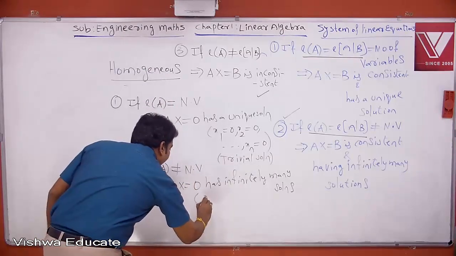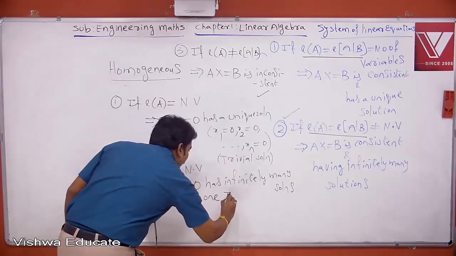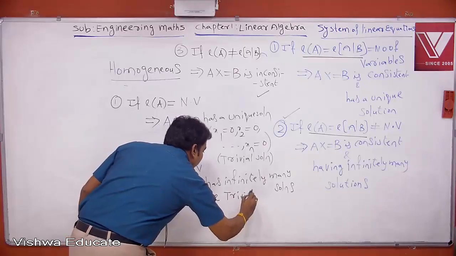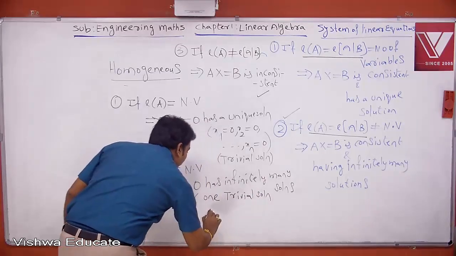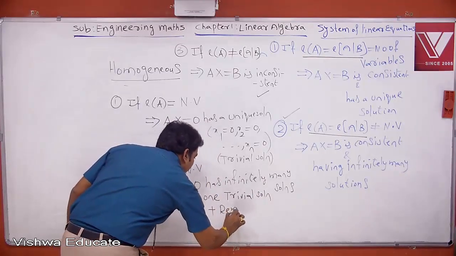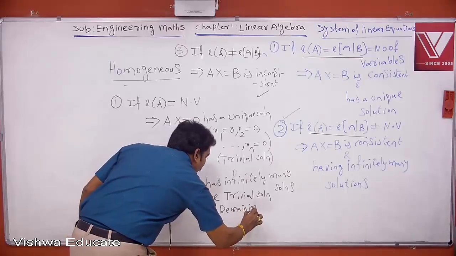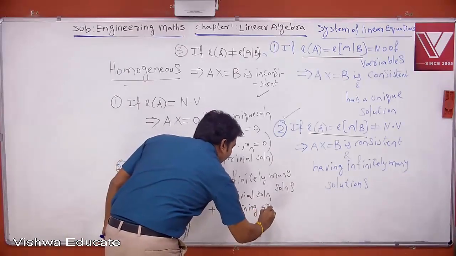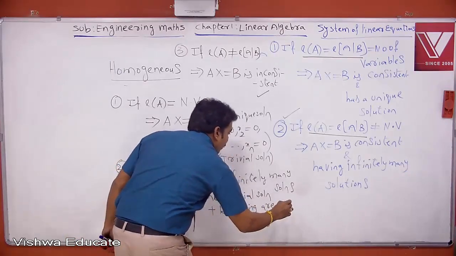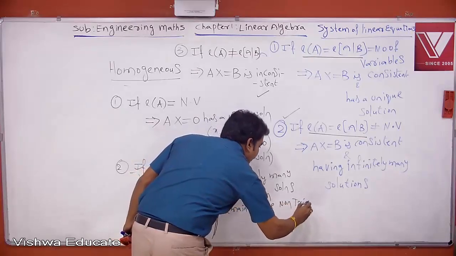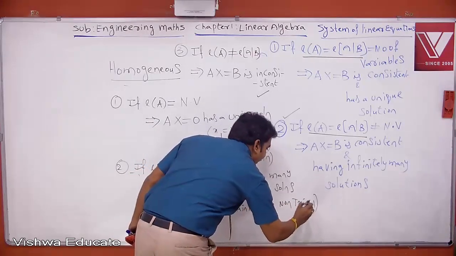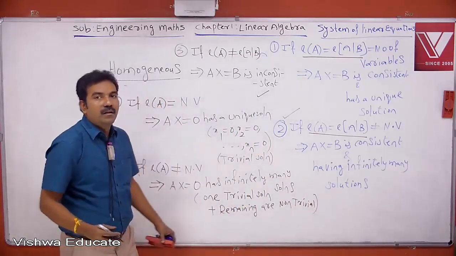So here I can write: one trivial solution, remaining non-trivial solutions. This is very, very important from the GATE point of view. Note all these points.